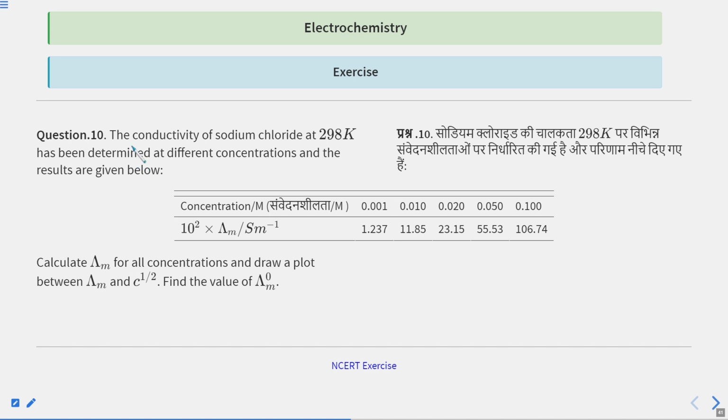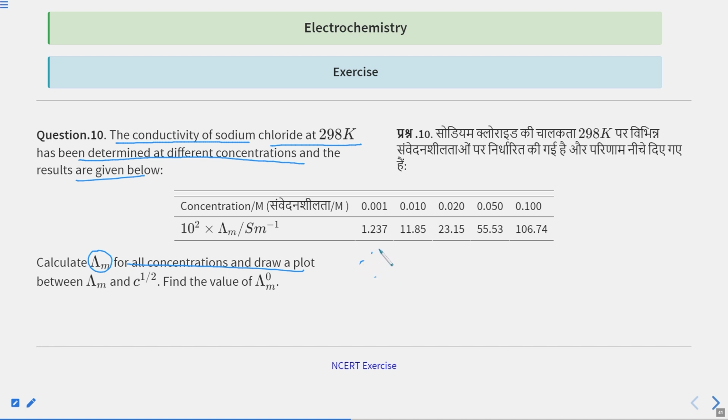What does the next question say? The conductivity of sodium chloride at 298 Kelvin has been determined at different concentrations and the results are given below. Now calculate lambda m for all, with the cell constant, and draw a plot. So what will be lambda m? It will simply be alpha.